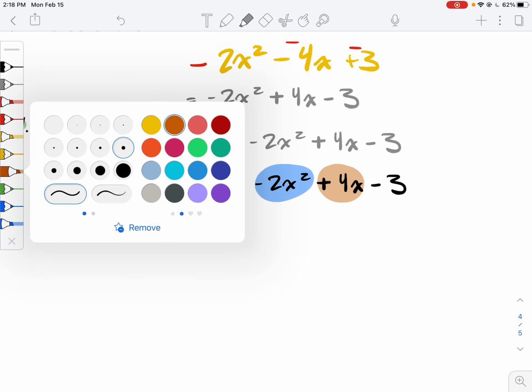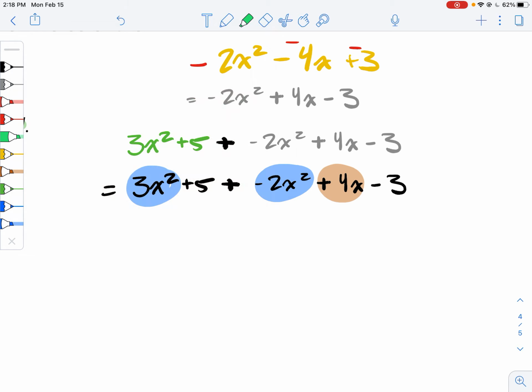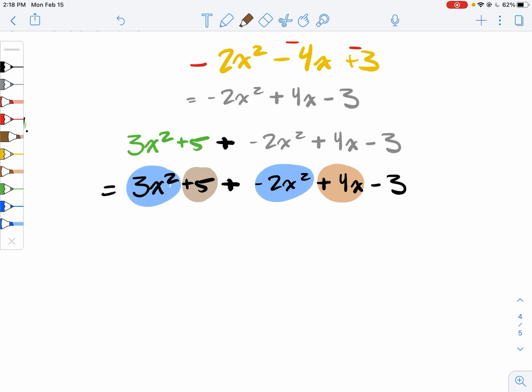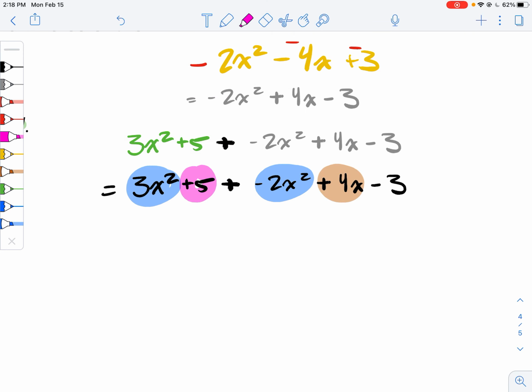And then I'm going to take my numbers. Do I have a pink? Here we go. And make sure that they line up as well.